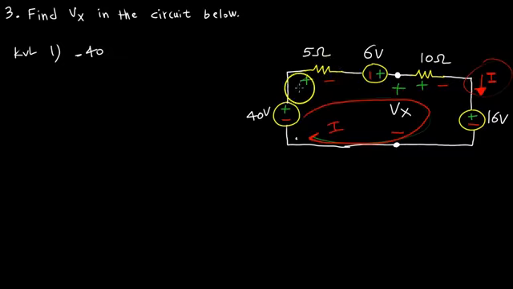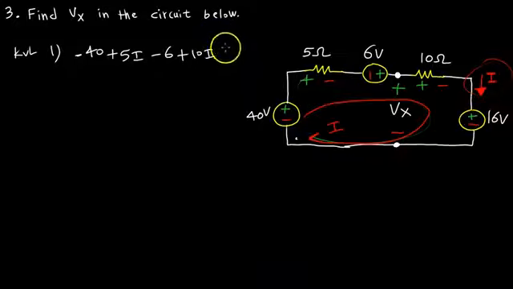I'm going to say plus 5 times I, plus 5I. Keep going, negative 6. Keep going clockwise, plus 10I. Keep going clockwise, plus 16, and set all that equal to 0 and simplify it.